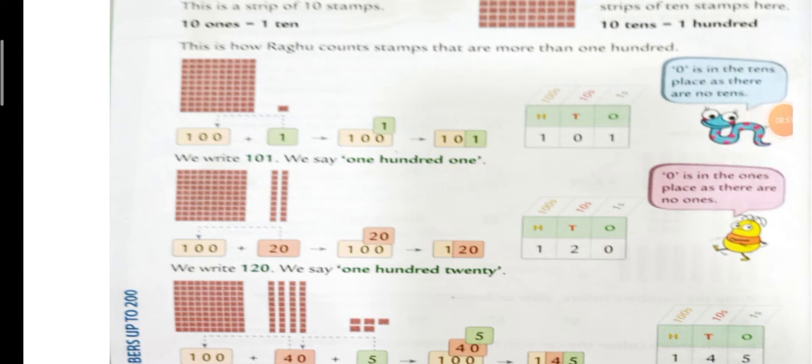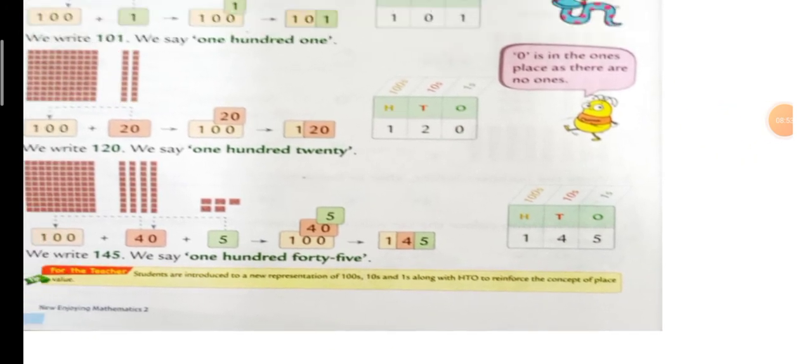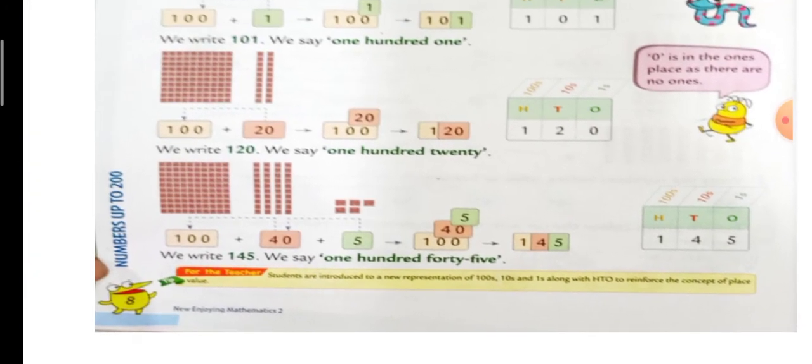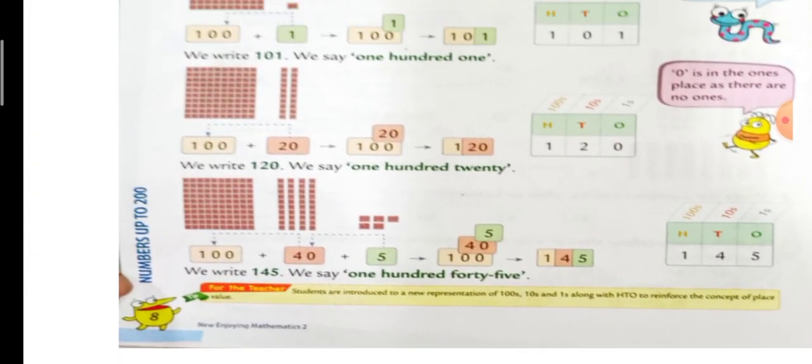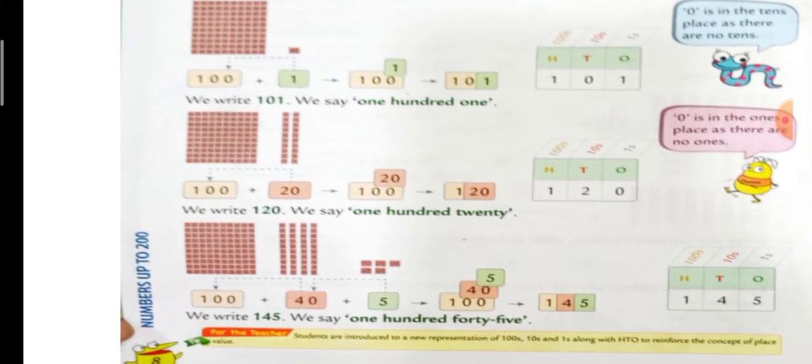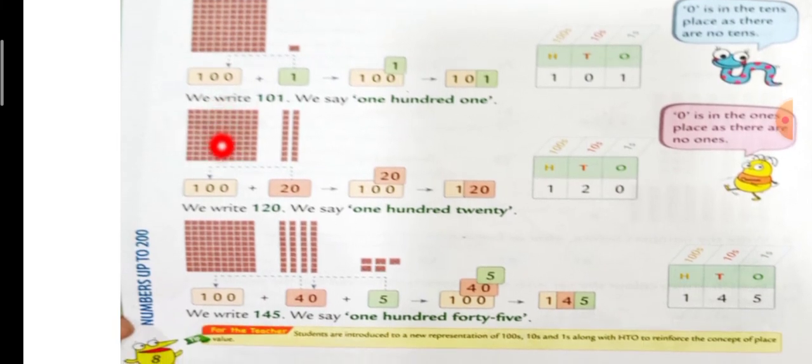Fine. Now let us take the next one. Now when we have this square, this means 100. When we have two strips, see, one strip and then second strip, it means they are 20. So we have tens over here, isn't it? Now do we have any loose ones over here? No. So we will write 0 over there.